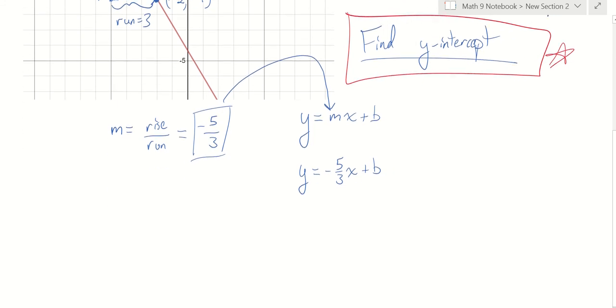Okay, so when x is -5, y must be 4 for this particular line, and thus for this particular equation that must be true. So let's fill in the rest of what we know about this equation.